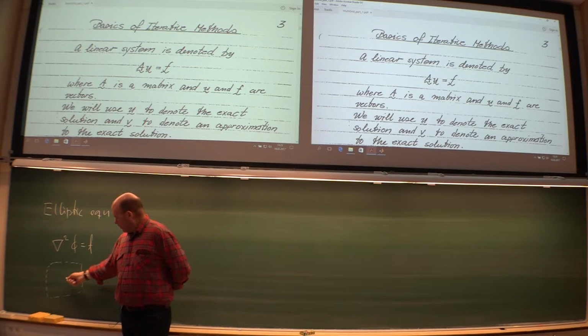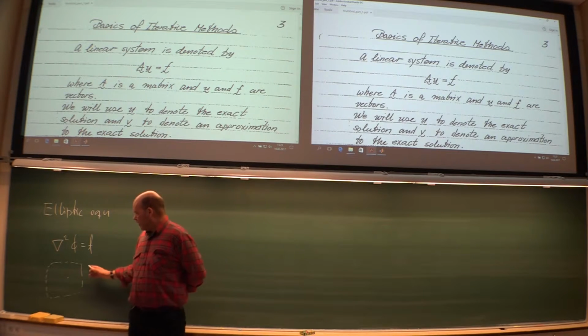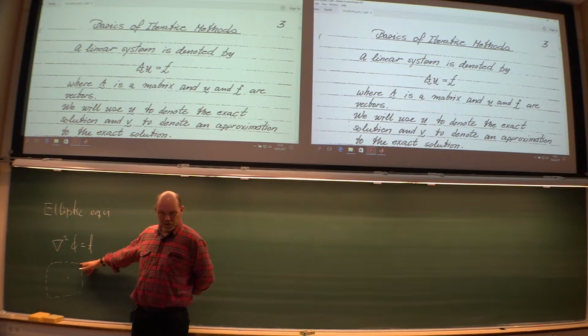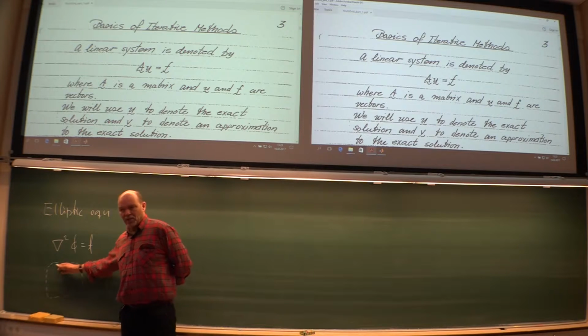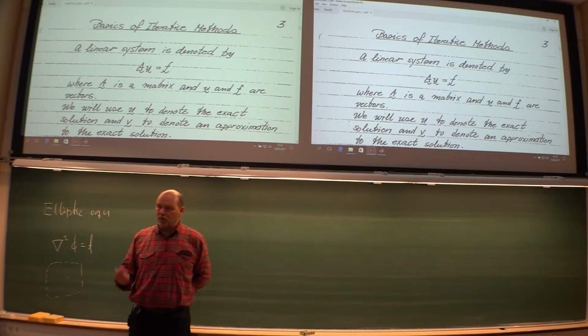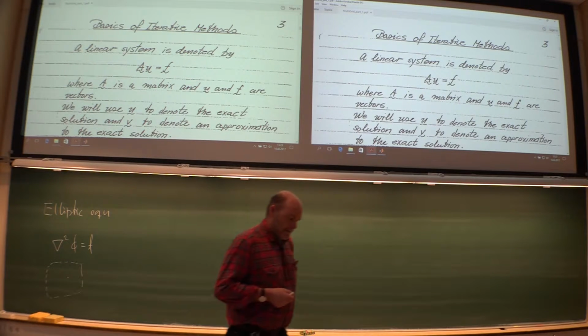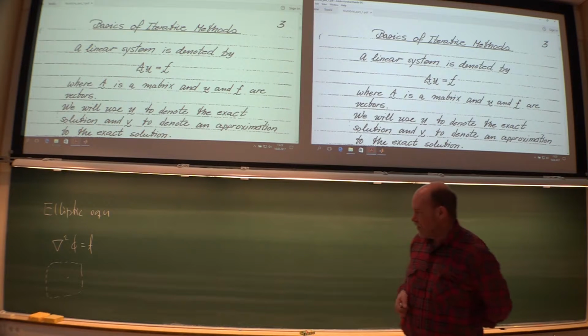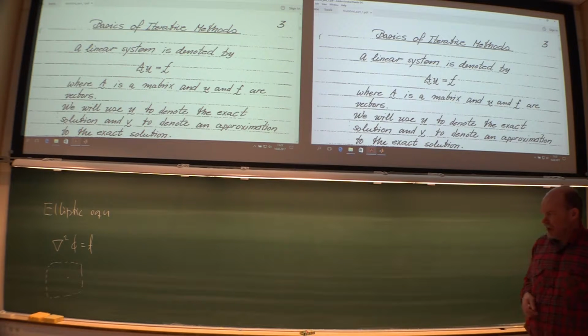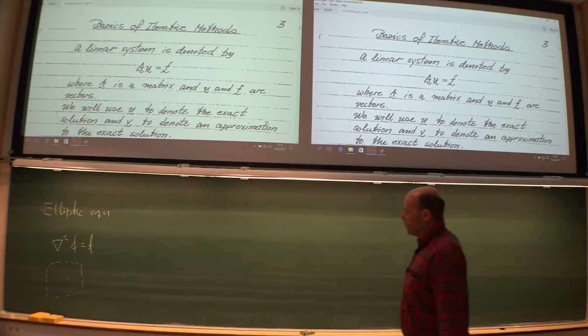So looking at the solution somewhere inside, it depends on the entire boundary. If you change one value on the boundary, the entire field inside feels that instantly. So of course this is hard to solve. Everybody is talking to each other, you might say. So they are expensive.